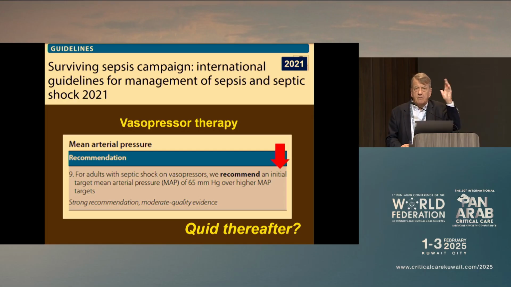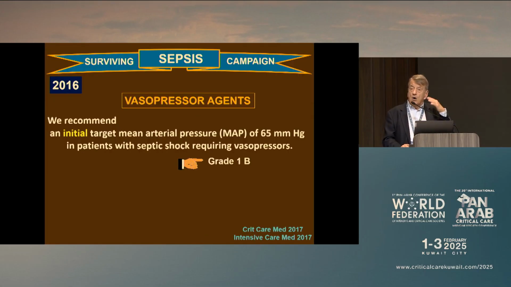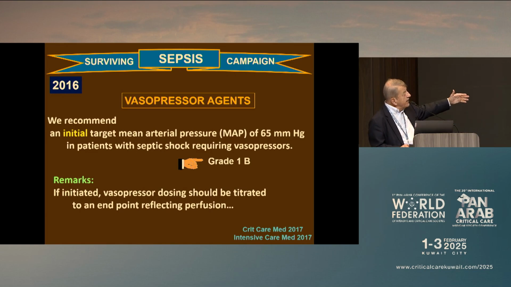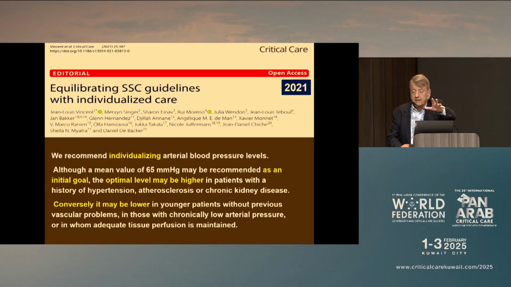But people forget about the word initial. They think it's 65 for everybody. No! In our previous guidelines, we even added a sentence which is very important, saying if initiated, vasopressor dosing should be titrated to an endpoint reflecting perfusion. So it's not always 65.